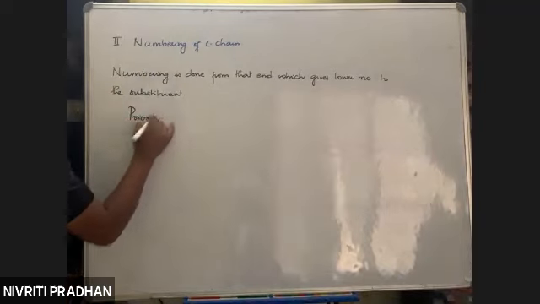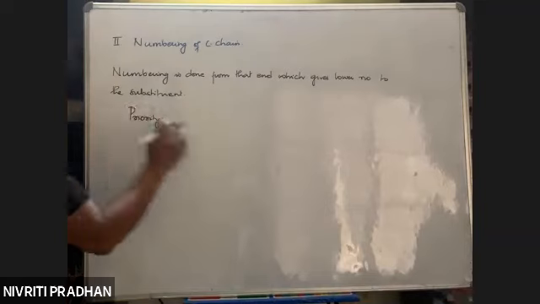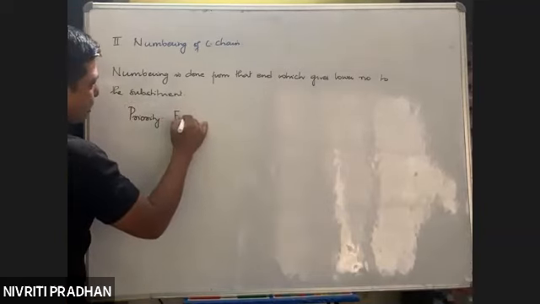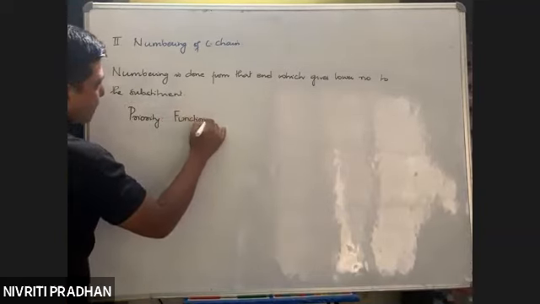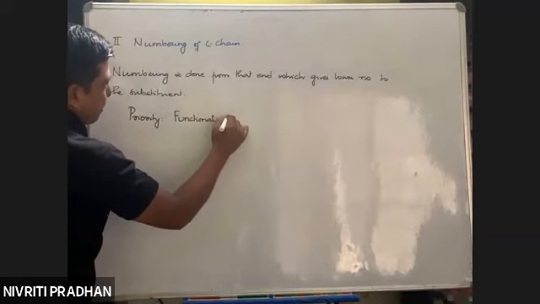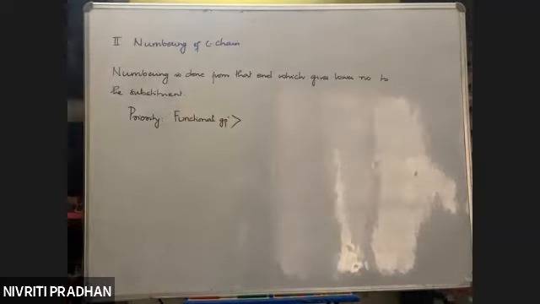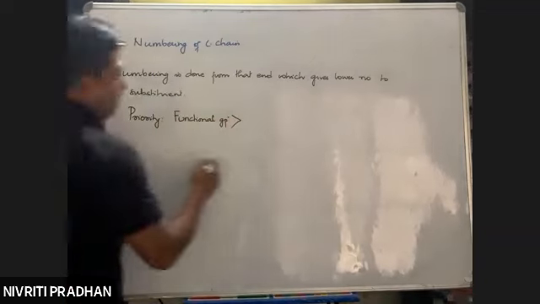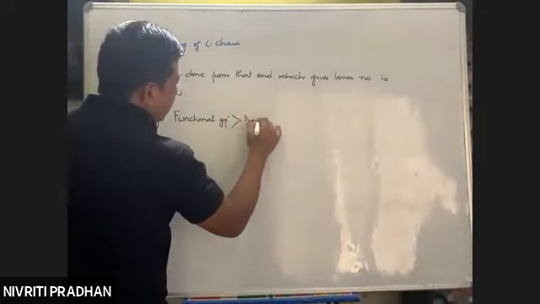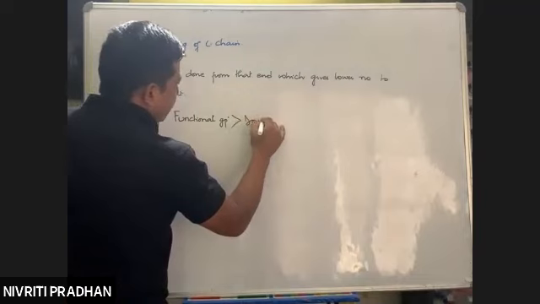Highest priority means the lowest number should be awarded to the functional group, followed by the double bond, followed then by the triple bond.